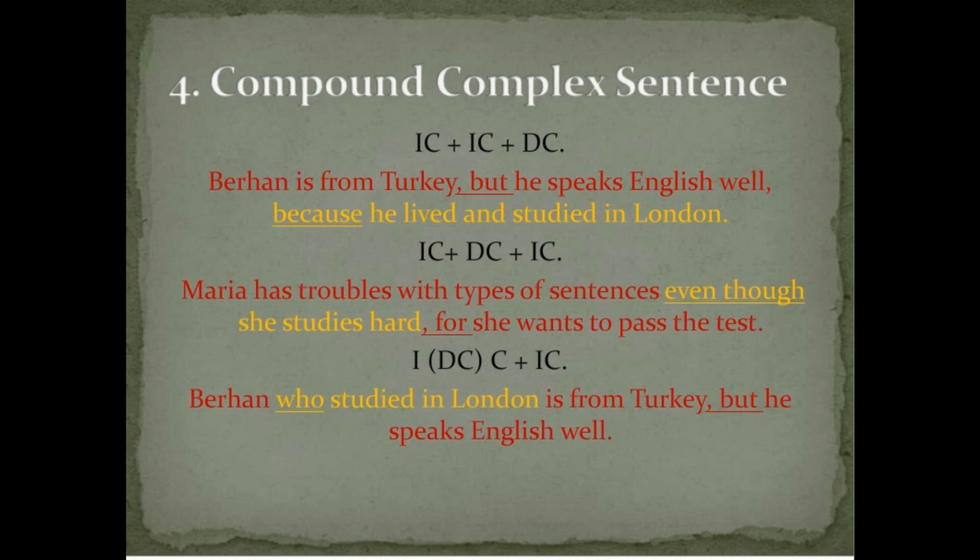"Maria has troubles with types of sentences, even though she studies hard, for she wants to pass the test." Sometimes a dependent clause can be inside an independent clause between the subject and the verb. For example, "Berhan, who studied in London, is from Turkey, but he speaks English well."